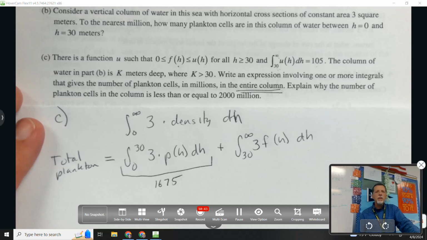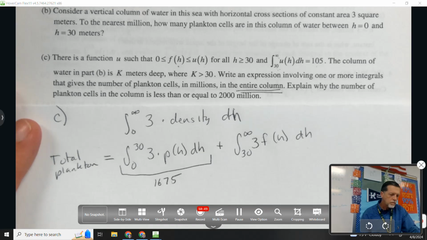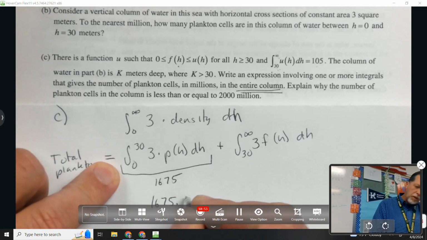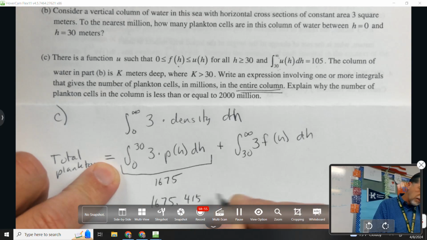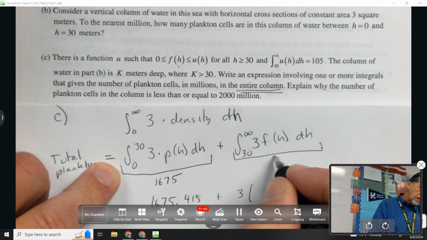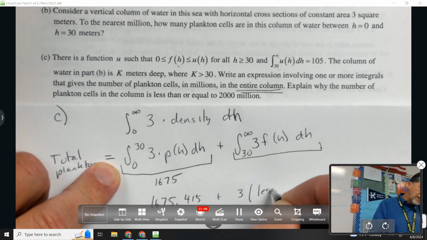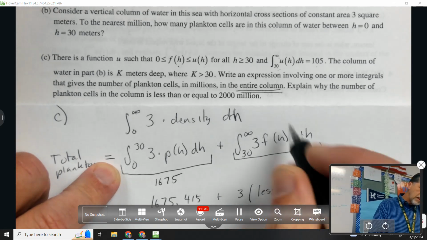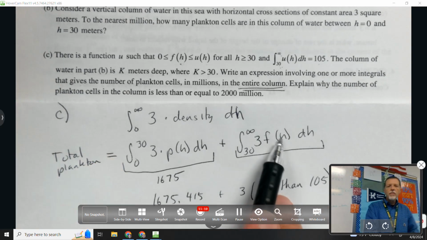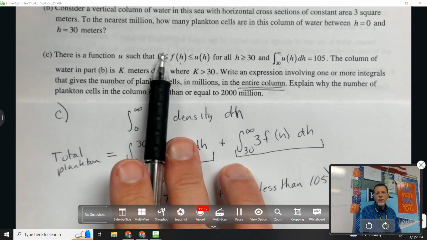Explain why the number of plankton cells in the column is less than or equal to 2,000 million. Okay, well this one was 1675.415. I don't know what this one is, but I do know that it's less than 105 because f of h is less than u of h.